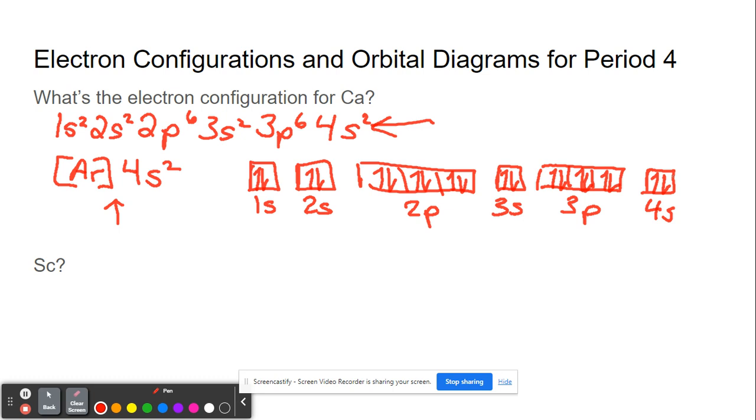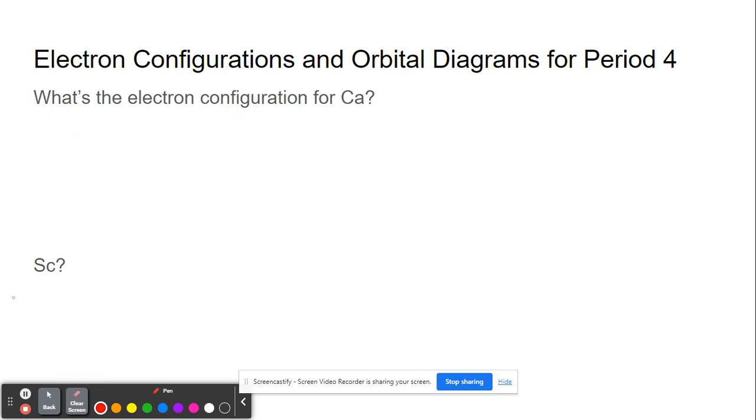Okay, so before we jump into talking about scandium, we're going to take a look at our periodic table. So first, find scandium on your periodic table.